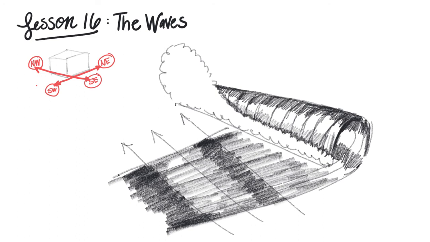You can also add some action lines. So that's lines kind of coming up like this, showing, you know, that the waves are coming. Maybe some droplets coming up. Water gives it that action.